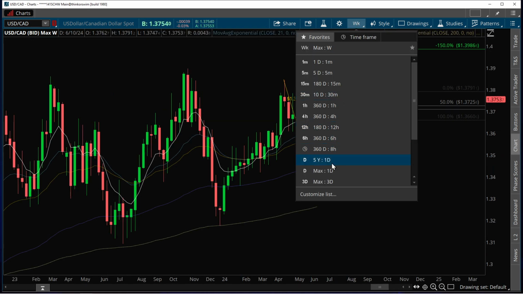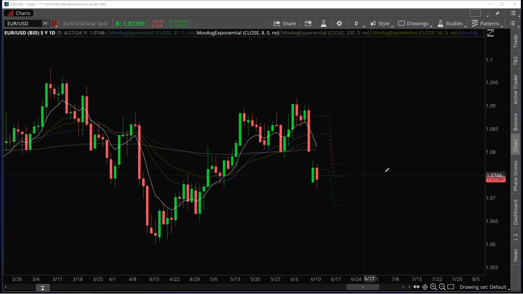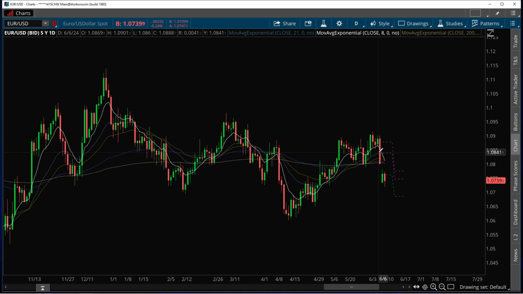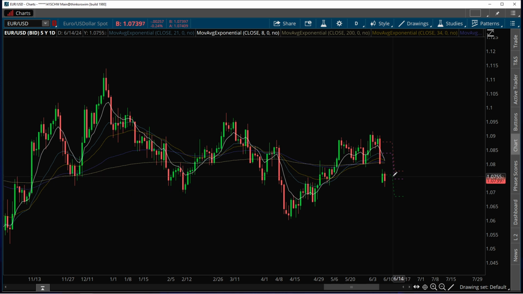Weekly, you're bullish. Daily, you're bullish. So when we go to euro, right, we don't have a daily setup on euro, right? Even though we're expecting it to run down, I just like CAD a lot more because our EMAs are bullish across the board. Even though we are still expecting a move down like this.